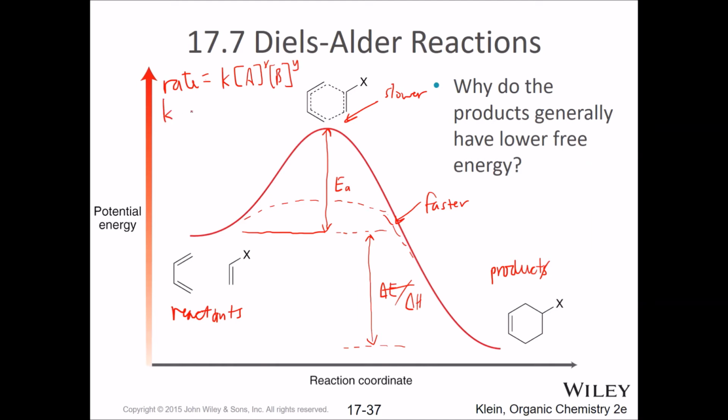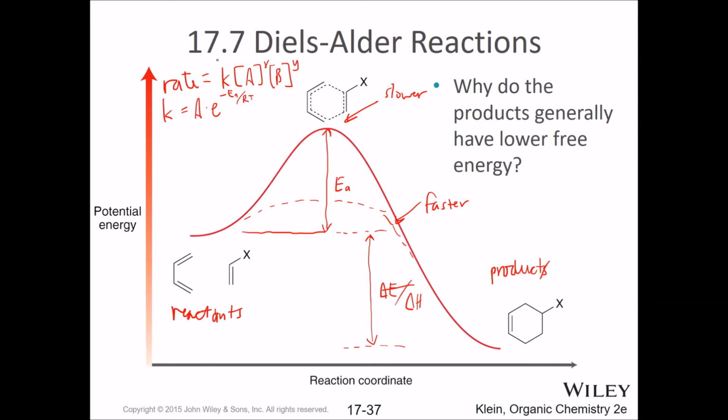Remember that? Lowercase k? Well, the Arrhenius equation says k is some frequency factor times e to the minus activation energy over RT. And can you see that as the activation energy gets really small, this is going to go to 0, and your k is going to go up?